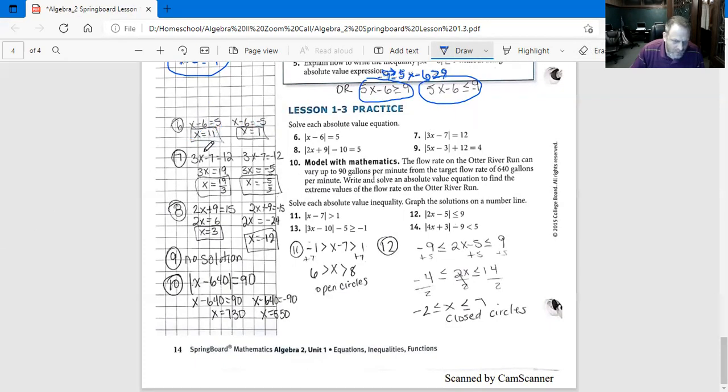Okay, so positive 7 on both sides, positive 7 on both sides. The same thing with this one, positive 7, positive 7. Okay, cancel, cancel, and 3x equals 19.